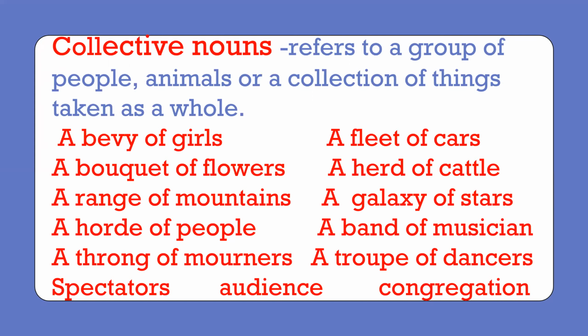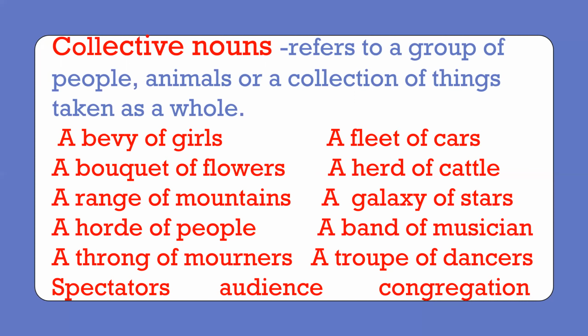So should you find some girls seated somewhere or probably watching a show, we are talking of a bevy of girls. That's the group term given to such girls. We are talking of a bouquet of flowers, a range of mountains. I met a horde of people. A throng of mourners came to comfort the bereaved family.